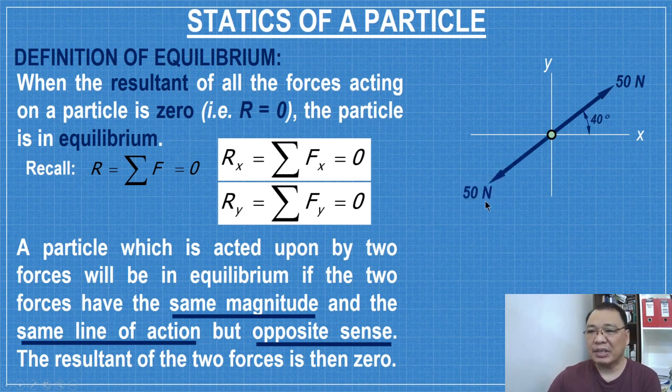So, same magnitude, and same line of action, of course. The direction is opposite, with the angle 40 degrees, opposite the direction. This one is first quadrant, this one is third quadrant. Okay, that is just a sample of equilibrium for two forces.